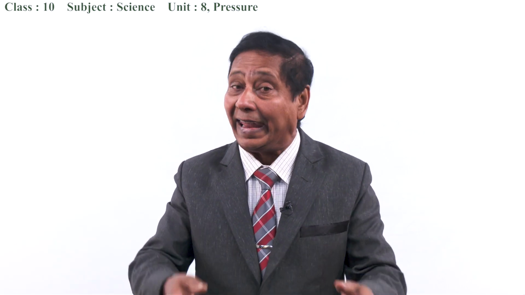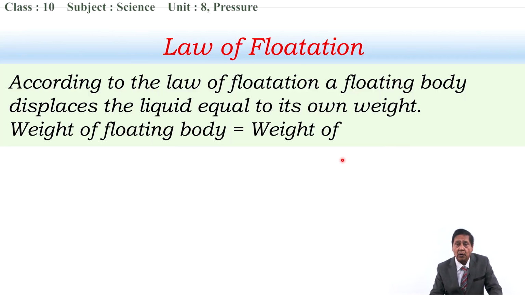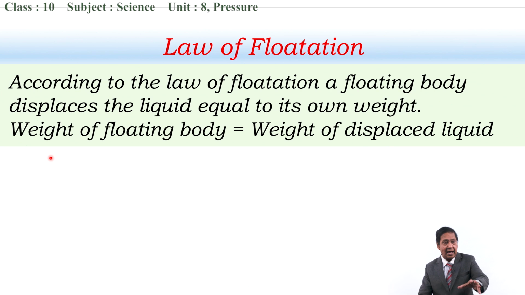During flotation, every floating body displaces liquid equal to its own weight according to the law of flotation. Now I think the law of flotation is understood, and this is the heart of the law of flotation. We can say that the weight of a floating body is equal to the weight of the displaced liquid. Okay, this is a very simple matter, and I think it is clear to you.